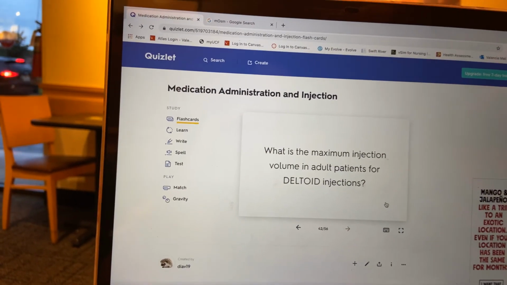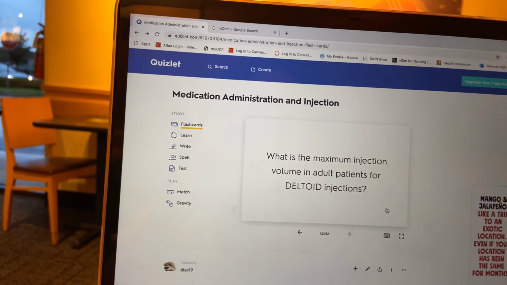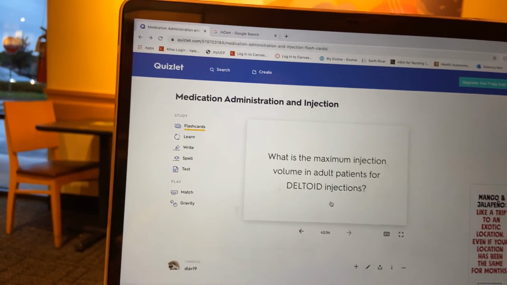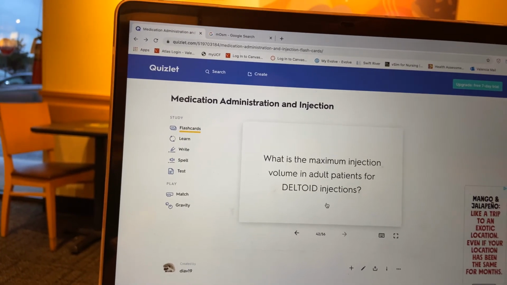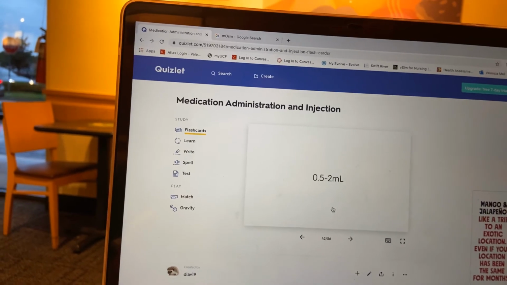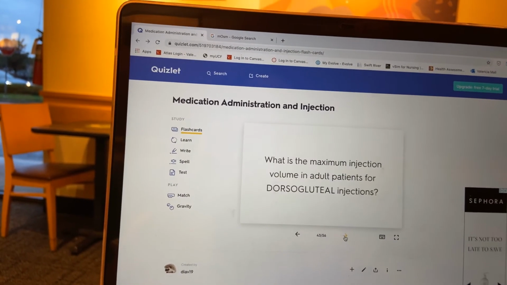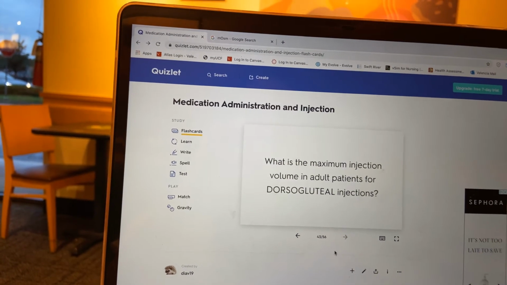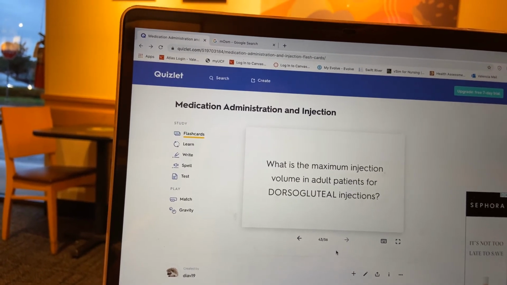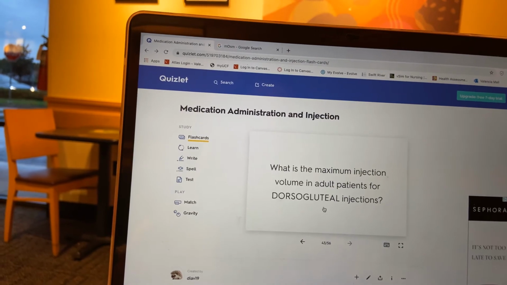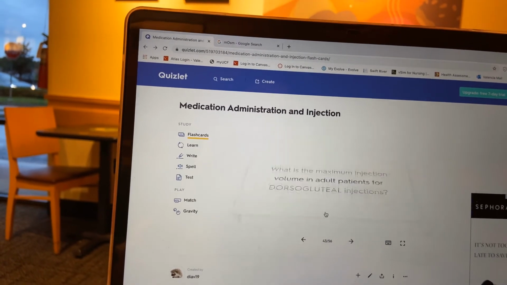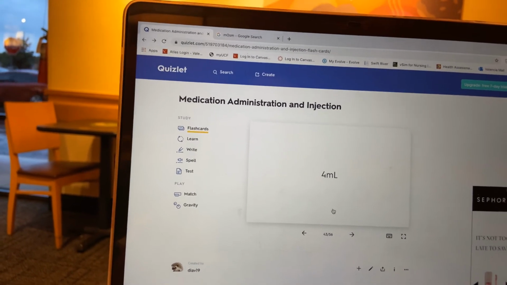What is the maximum injection volume in adult patients for deltoid injections? 0.5 to 2 milliliters. For dorsal gluteal injections? 4 milliliters.